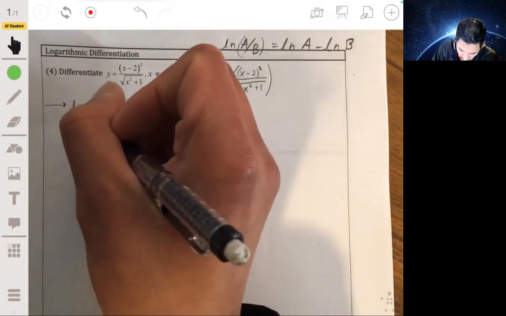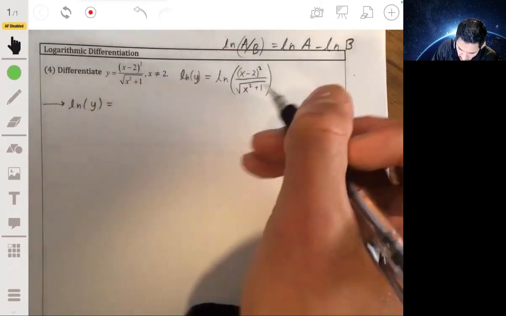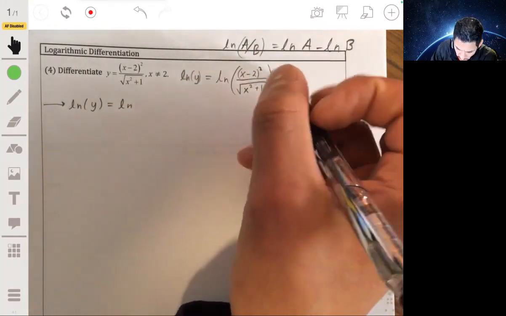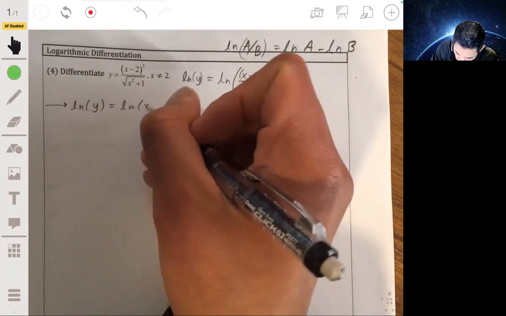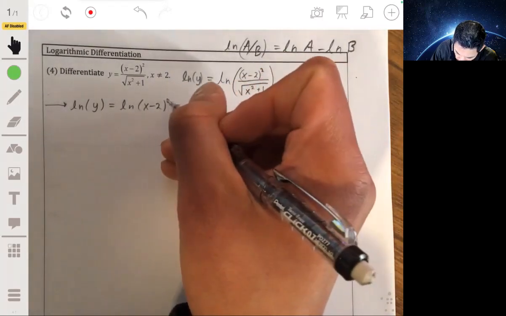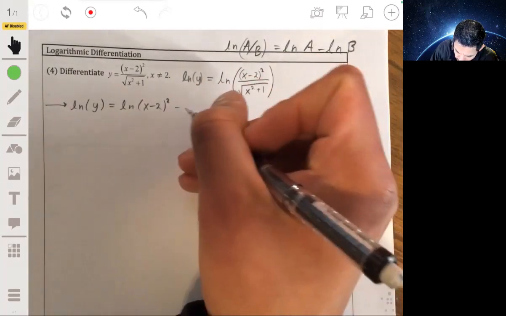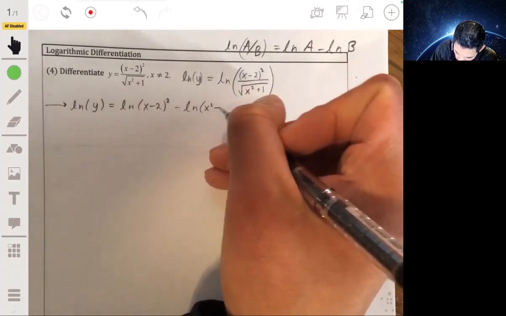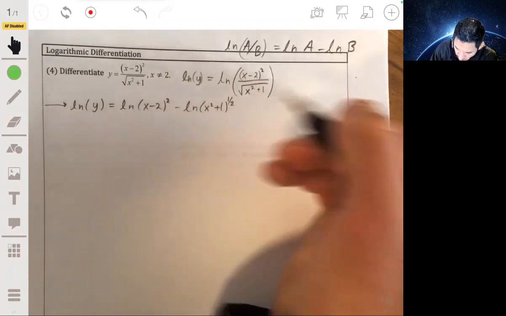Then we have the natural log of y is equal to the natural log of x minus 2 squared minus the natural log of x squared plus 1. I'm going to rewrite that as the 1/2 power.